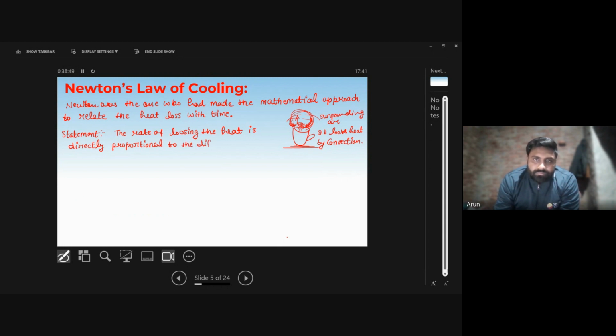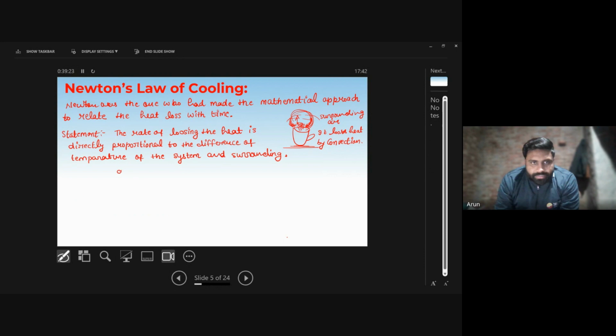The difference of temperature of the system and surrounding. Okay, so this is the statement of Newton's law of cooling.